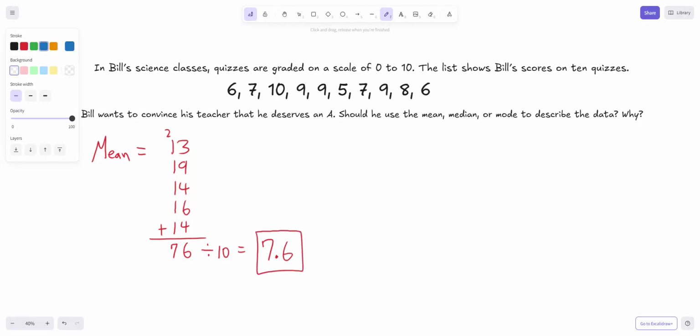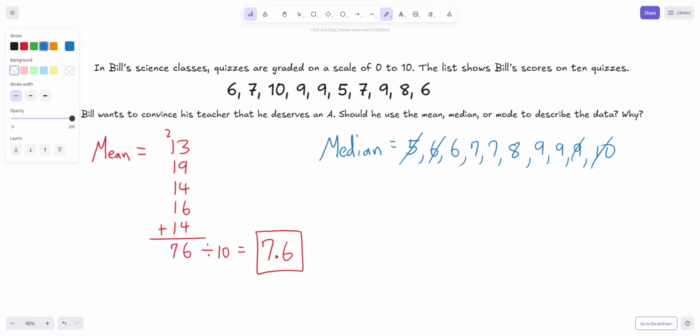To find the median, I have to put them in number order. So the smallest one is 5, then there are 2 6s, then 2 7s, 1 8, 3 9s, and 1 10. Let's see, 1, 2, 3, 4, 5, 6, 7, 8, 9, 10. Good, I'm not missing anything. 10 numbers, that's even, so there are 2 middle numbers.